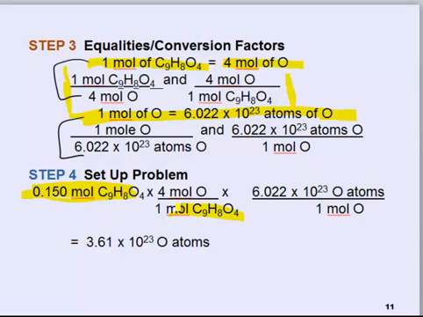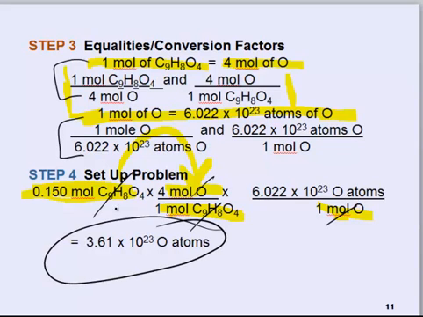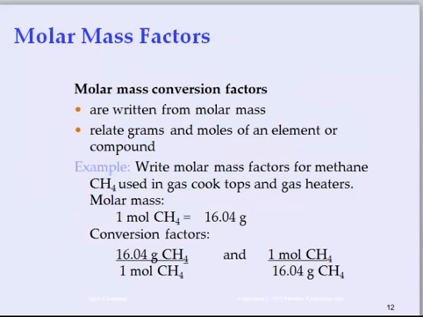I keep the same unit on the bottom to make sure my units convert to the moles of oxygen. And since I know 1 mole of oxygen is 6.02 × 10^23 atoms, notice these are the same units, so you will cancel this unit to this unit to this unit, and you convert your 0.15 moles to the oxygen atoms. We might do some problems in class too to reinforce these concepts. Hopefully you're understanding this.